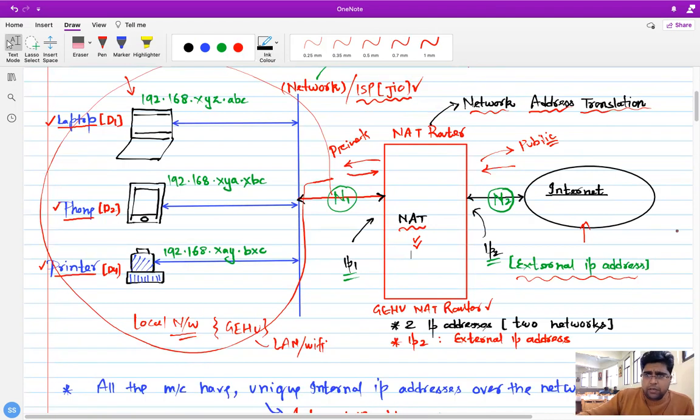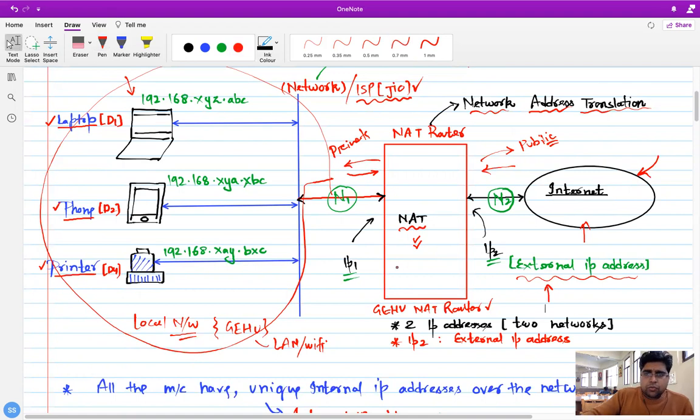So if anyone from the internet wants to communicate with this device, they would definitely use this public IP address or the external IP address with some information of this client, so that when your request reaches NAT, it would know, okay, you have used the external IP address or the public IP address of this network and this particular computer you have chosen. So it will send that data to that particular machine. So it would become the responsibility of the NAT.